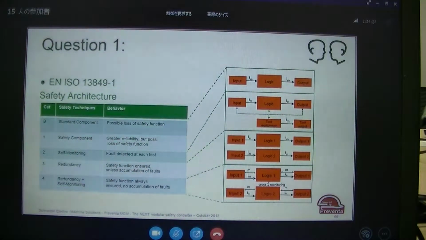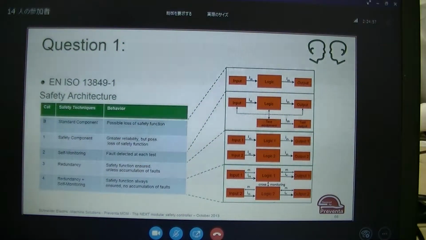Here we have a 24 volt circuit. We can detect the short circuit between each other. We can detect short circuit to ground, but we cannot detect short circuit to external 24 volts. We can detect the cut circuitry from each other, if not in parallel. So we can detect 6 out of 8.